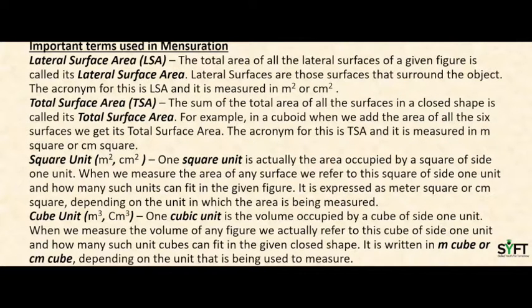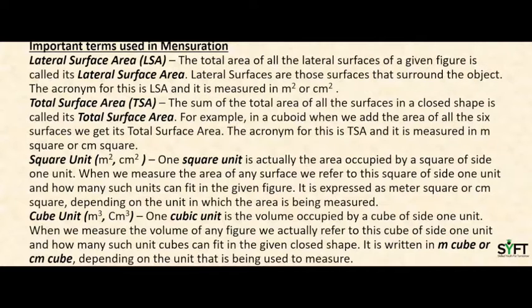Next is lateral surface area, LSA. The total area of all the lateral surfaces of a given figure is called its lateral surface area. Lateral surfaces are those surfaces that surround the object. The acronym for this is LSA and it is measured in meter square or centimeter square.